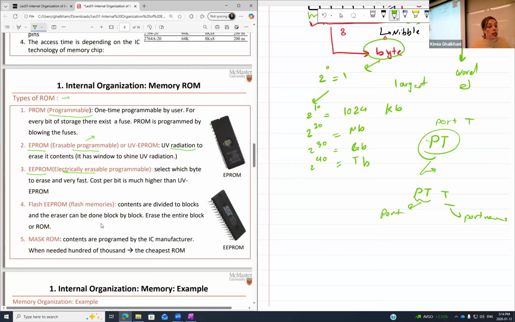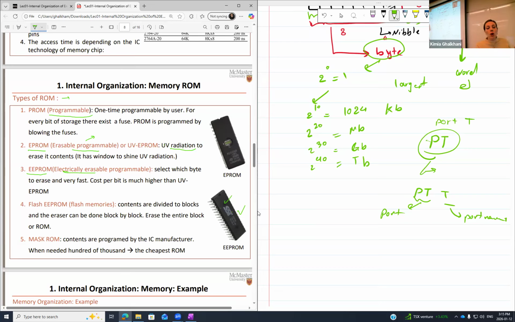It could be EEPROM, like this chip. For this chip, I do not need UV radiation to erase the information and upload more information. I can simply do it through programming, similar to the microcontroller we have in the lab. Why do we say it is based on the number of bits, meaning how big it is? The microcontroller we have in the lab is more expensive than the Arduino, because Arduino has fewer bits, but the HCS12 has more bits. Since it has more bits, it is more expensive.